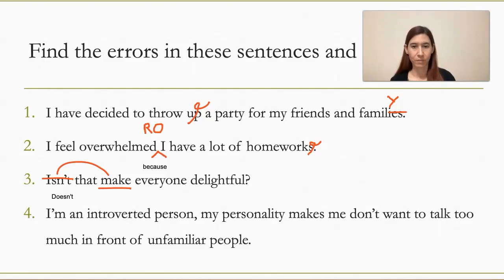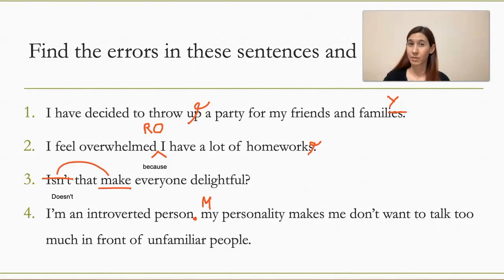You can either just end it here with a period and then capitalize the M here since it's the first word of the next sentence. I'm an introverted person. My personality makes me don't want to talk too much in front of unfamiliar people.